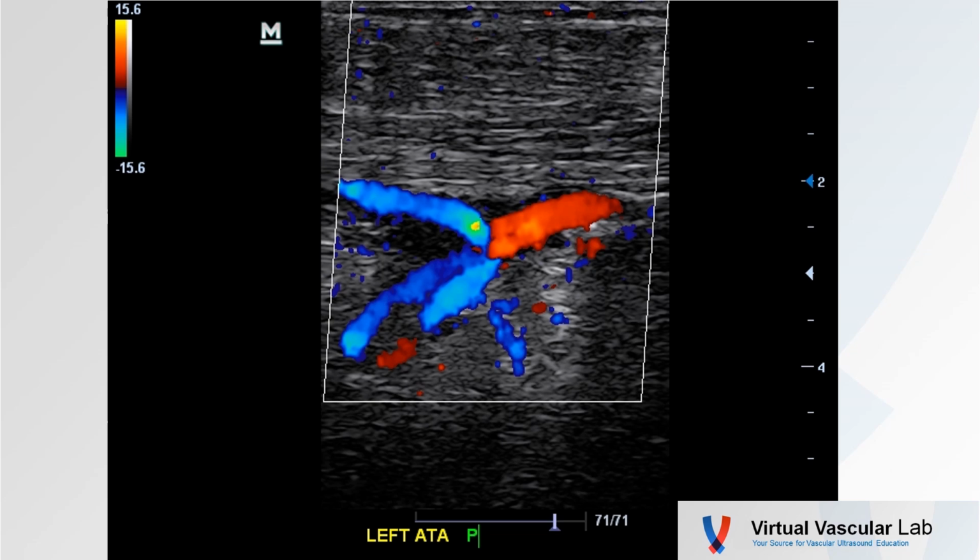I have an inflow collateral coming in from the left. It splits off into the anterior tibial and carries blood down the foot, and also retrograde flow back up that short proximal segment of the anterior tibial back into the tibial peroneal trunk. Pretty fascinating.